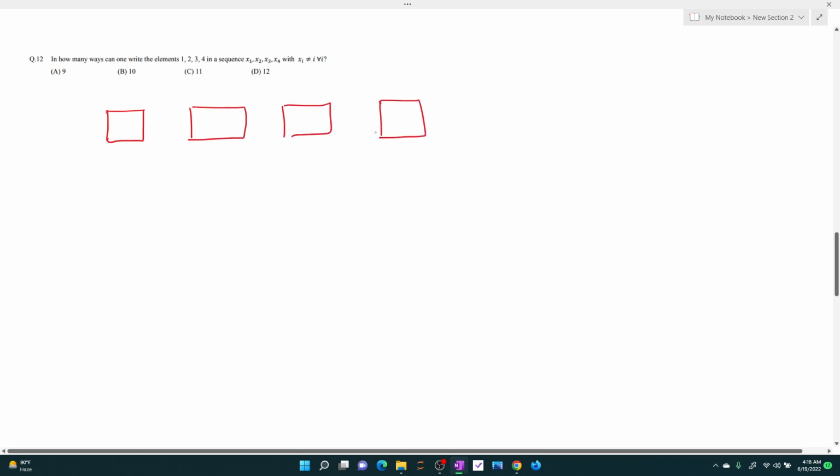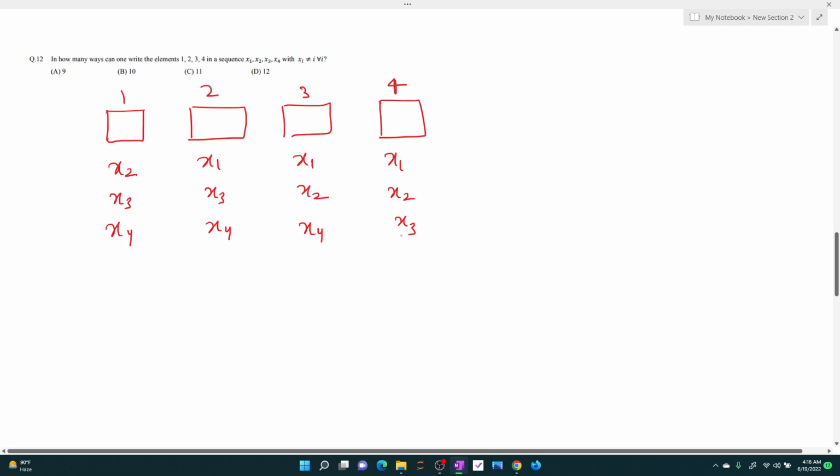It's saying that at seat 1, only x2, x3 and x4 are allowed. x1 is not allowed. Similarly, at seat 2, x1, x3 and x4 can sit. Similarly, at seat 3, x1, x2 and x4 can sit. And similarly, at seat 4, only x1, x2 and x3 are allowed, right?